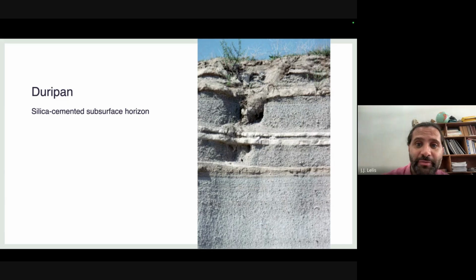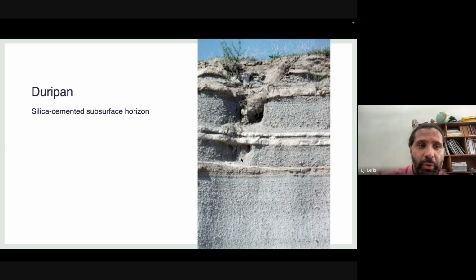If the pH drops to 7, 6, or even lower, the silica will reprecipitate, okay? So the silica stops migrating, and then it can fill the voids and induce the cementation of a section of the soil with silica.